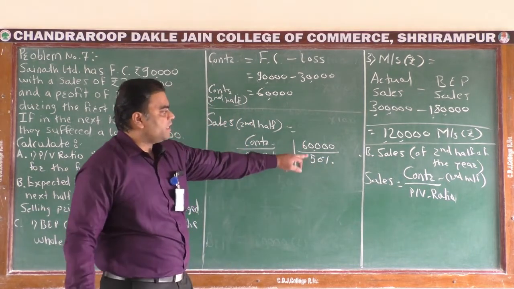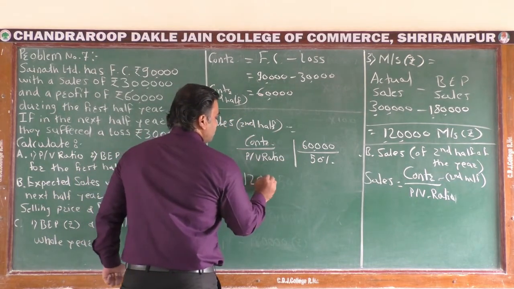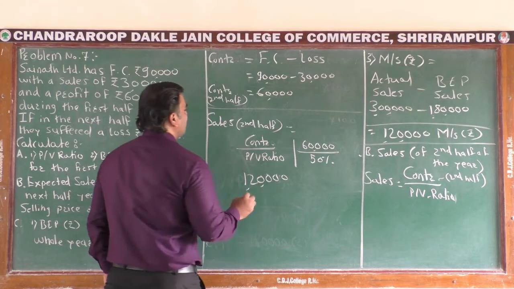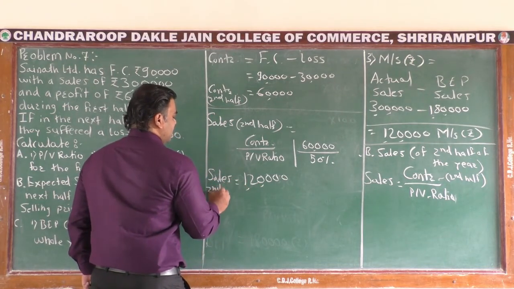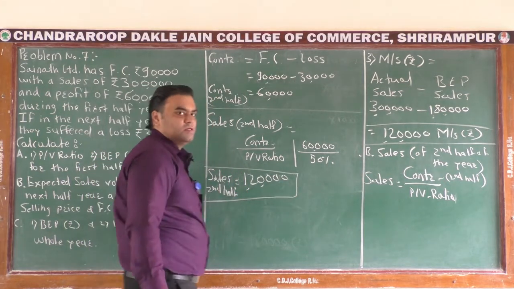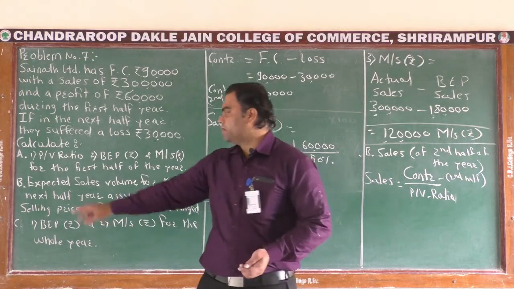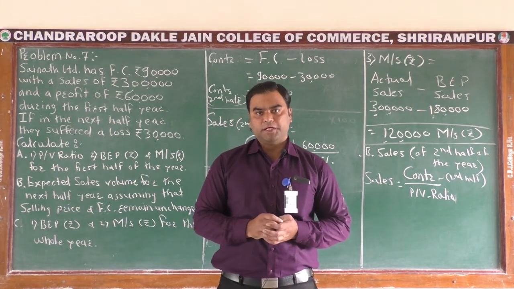So 60,000 is 50% of 1,20,000. So 1,20,000 will be the amount of sales for the second half of the year. In that way, we have calculated the amount of sales for the second half of the year.